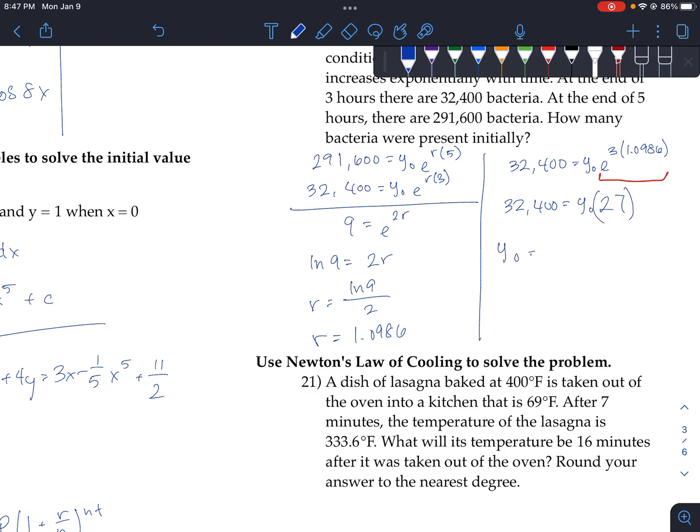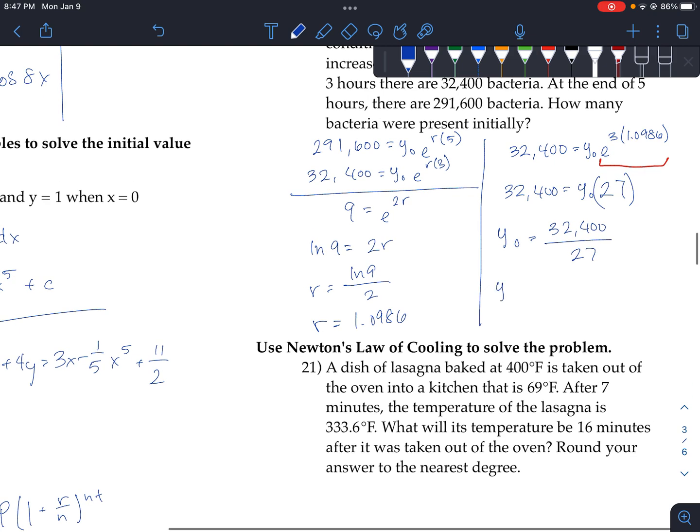So y sub naught would be equal to 32,400 divided by 27, which comes out to be 1200. Yeah, so 1200 bacteria.